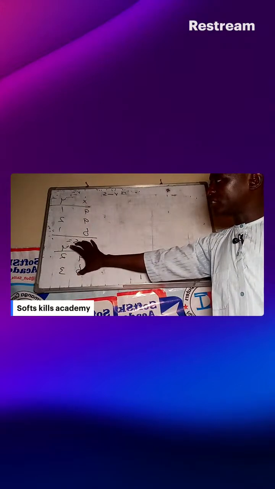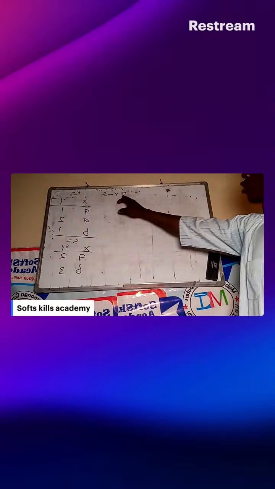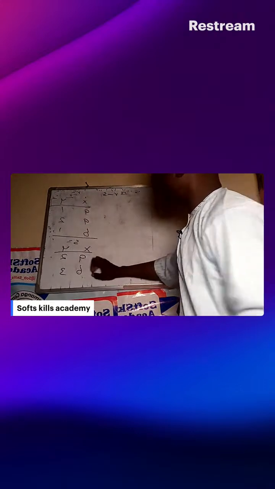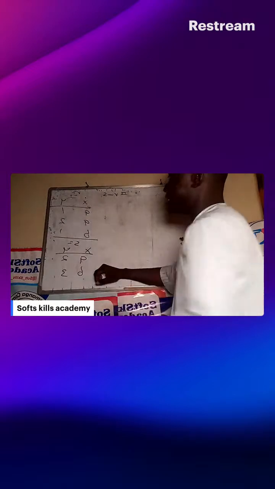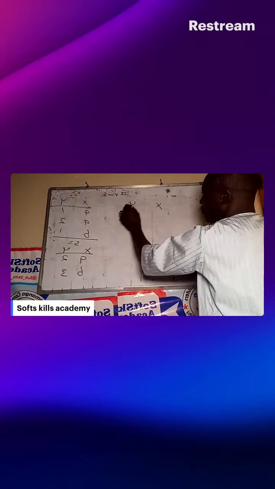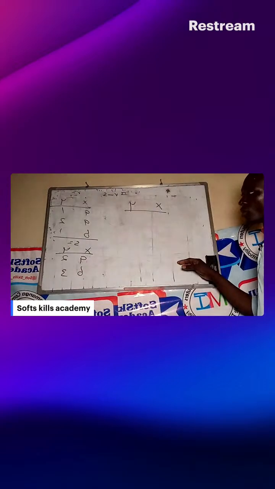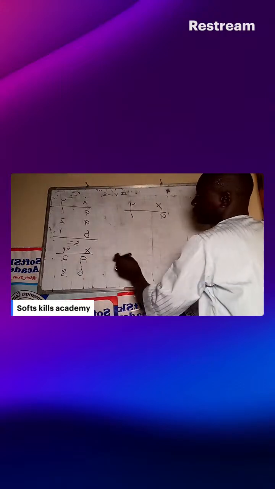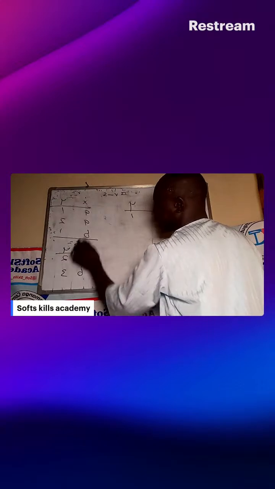What is in here, you take away what is also in here. So you have your X, you have your Y, then this is here already, it's not here. So you have your A1, this is here, this is here.